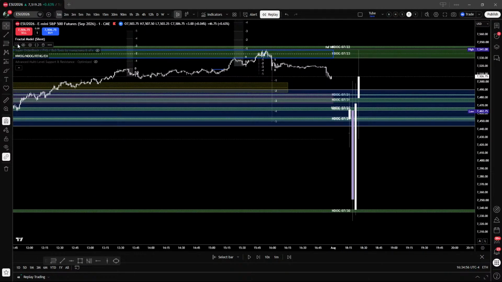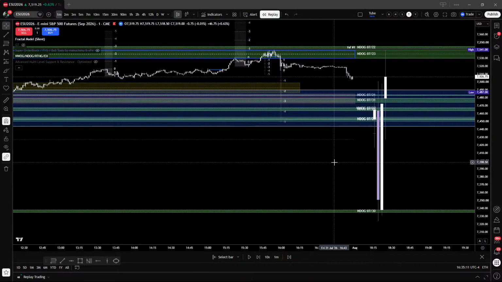So the resist indicator, fractal model. I really only use it so I can see the daily candlesticks here, daily candles. It's kind of convenient.